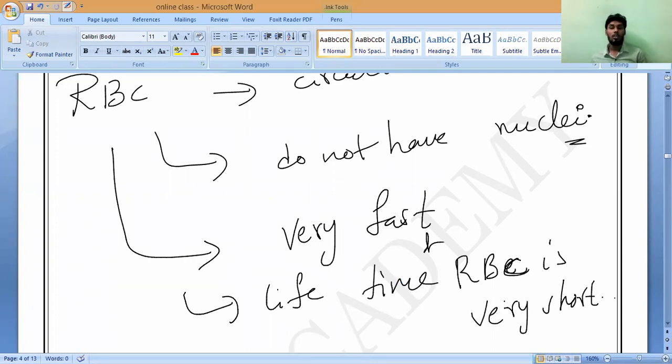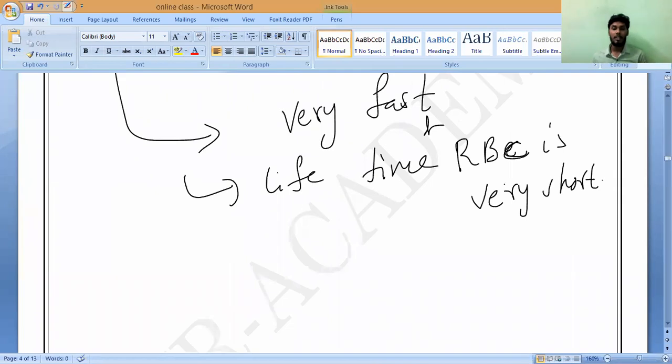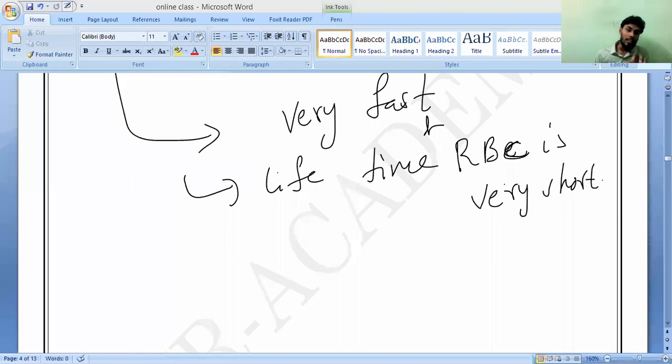So it is just how much? Any guess, anybody? 1 day or 2 days, you guess at least. About how many days? Dina, Pranav, you have all studied currently. About 4 months. So each red blood cell lives for about 4 months.